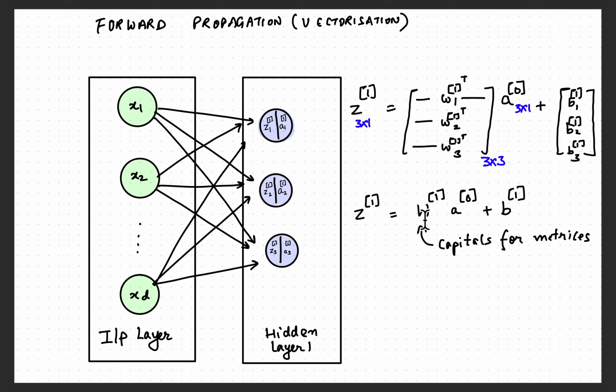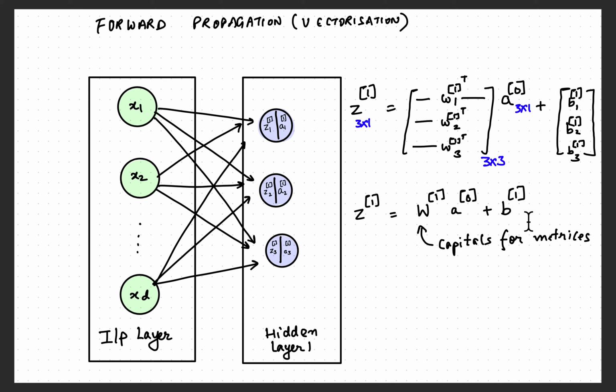So capital W now means we have started using a matrix, and the square bracket 1, as you would have expected, indicates that we're talking about the weight matrix for layer number 1. The other quantities are still vectors. So you have a z square bracket 1 vector and a b square bracket 1 vector, which indicates the bias, the summations, and the corresponding activation vectors for layer number 1.